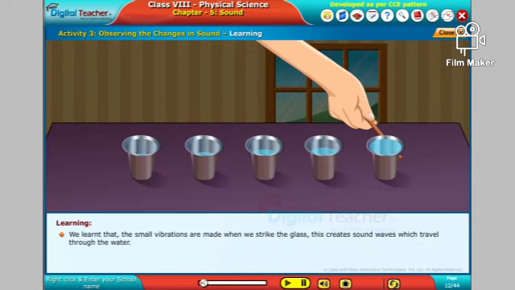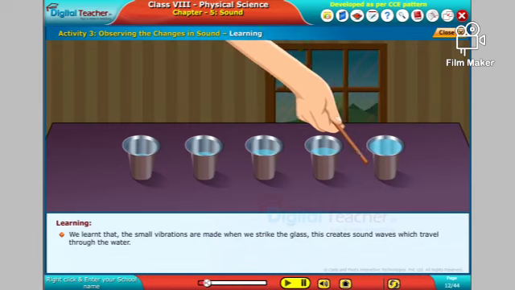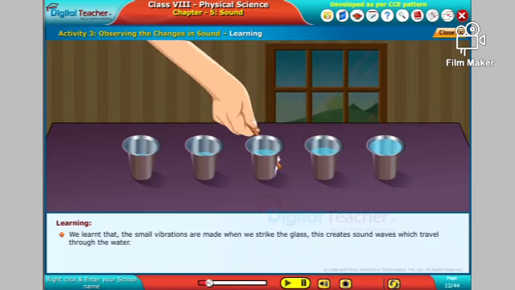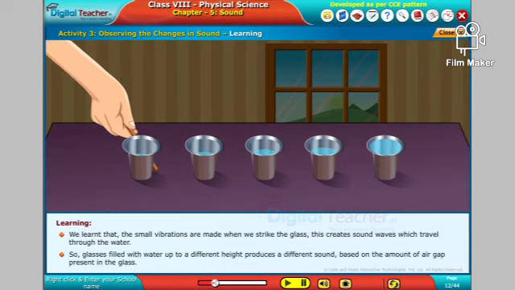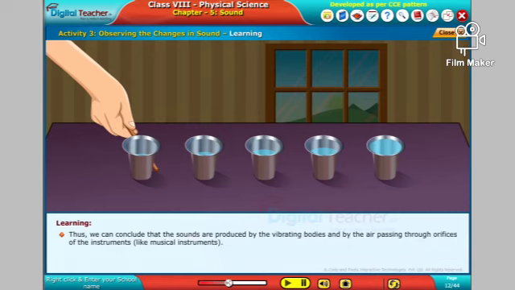We learned that small vibrations are made when we strike the glass. This creates sound waves which travel through the water. So, glasses filled with water up to different heights produce different sounds, based on the amount of air gap present in the glass. Thus, we can conclude that sounds are produced by vibrating bodies and by the air passing through orifices of instruments like musical instruments.